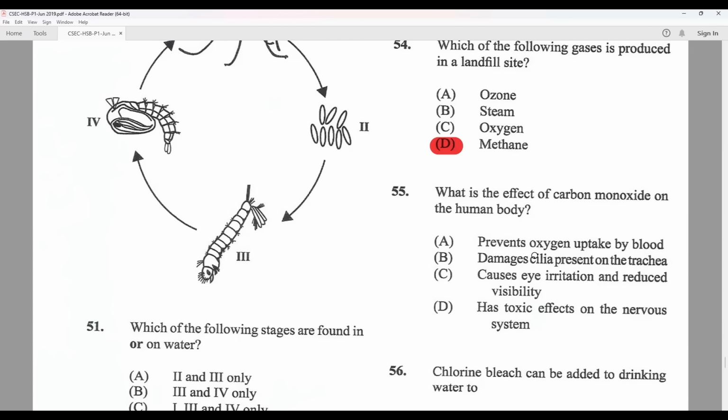Prevents oxygen uptake by blood, because it irreversibly binds to hemoglobin, damages cilia present in the trachea, causes eye irritation and reduced visibility, has toxic effect on the nervous system. We want the best answer. A and B are very good answers, but we are going with A.